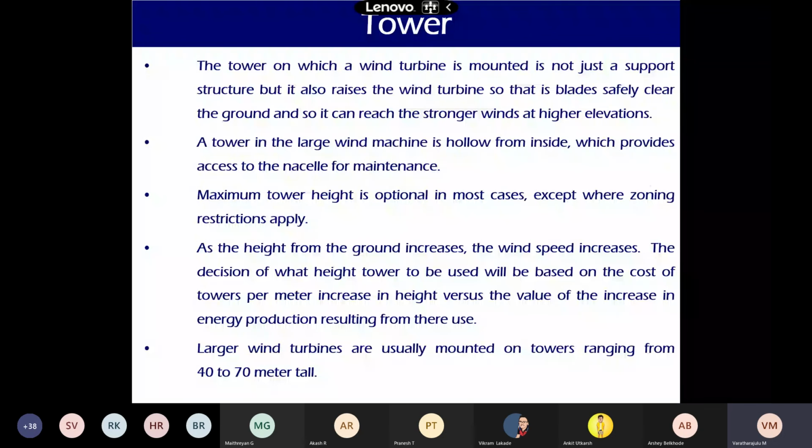The maximum tower height is optional in most cases, except where zoning restrictions apply. Usually, the height ranges from 40 to 70 meters, and the tower in a large wind machine is hollow from inside, which provides access to the nacelle for maintenance. And there are some calculations available to find the optimum height.